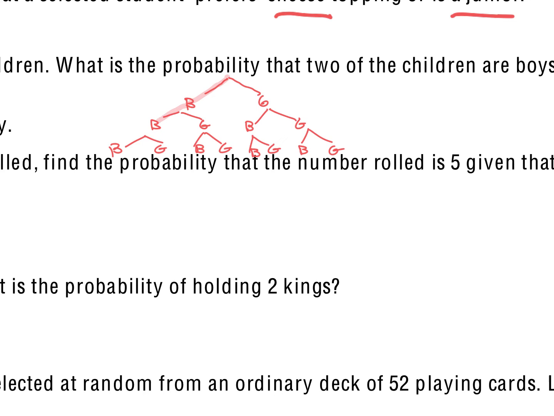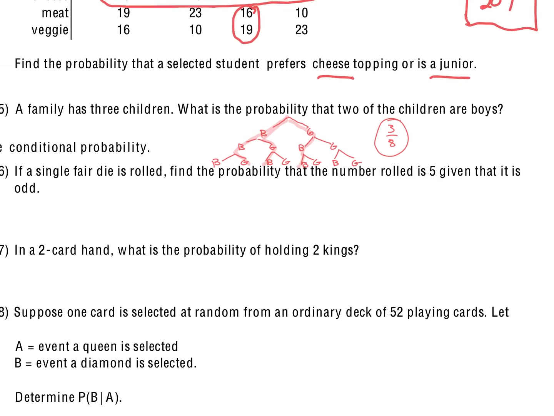You could have boy, boy, girl, that's one path. You could have boy, girl, boy as a second path. You could have girl, boy, boy as a third path. So altogether, there'd be 3 out of 8. Probability of having 2 children are boys.